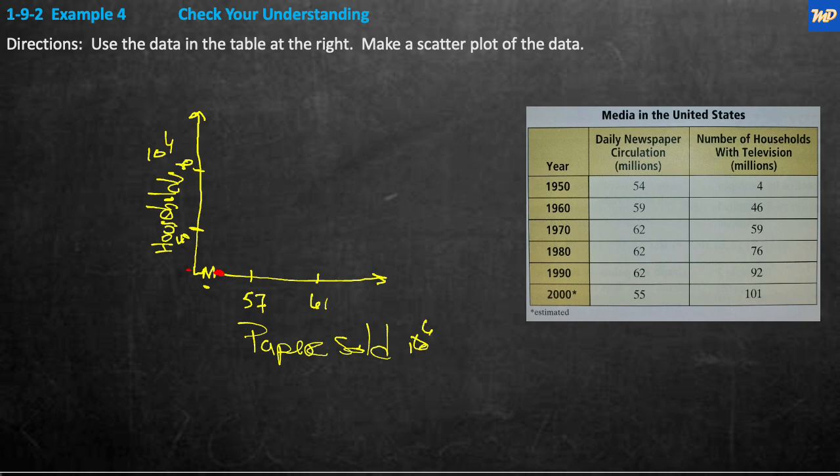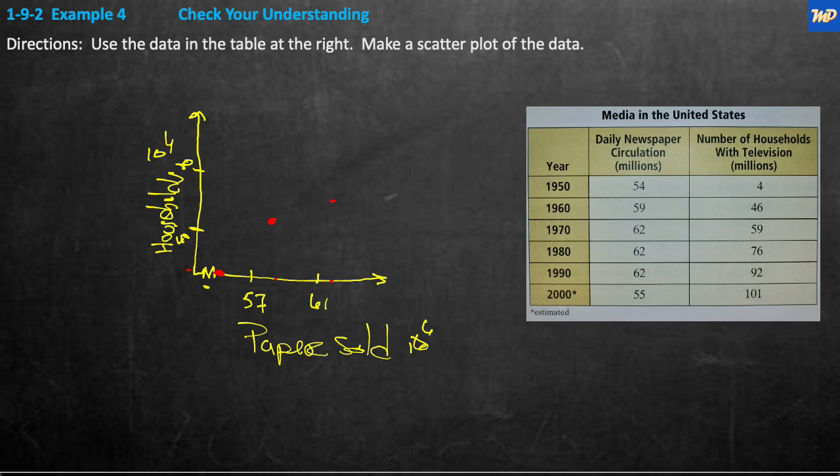But then in 1960, we had 59 million newspapers. We're going to put 59 right about here, and it's 46 million households. Here's 40, so let's do 46. So we've got a point right about here. And then in 1970, the newspapers was 62, so we'll go right here and go up from there, and it's 59.